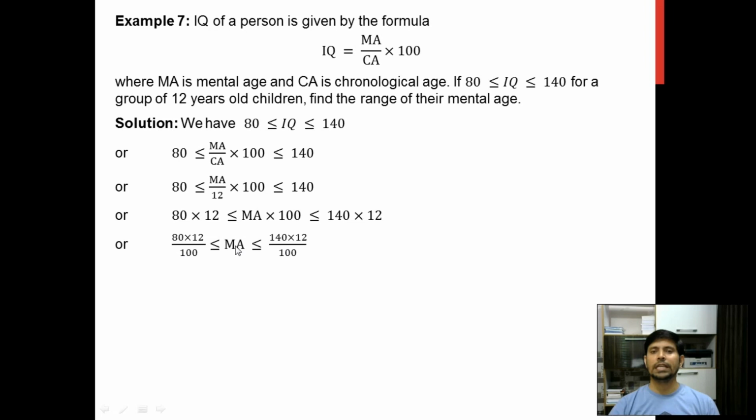And now we divide each term by 100. On solving this, we got the mental age lying between 9.6 and 16.8. So the mental age of a group of 12-year-old children will lie between 9.6 to 16.8.